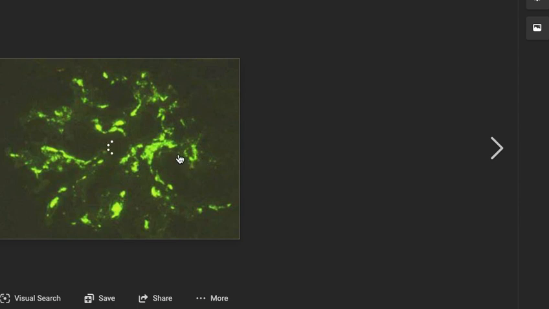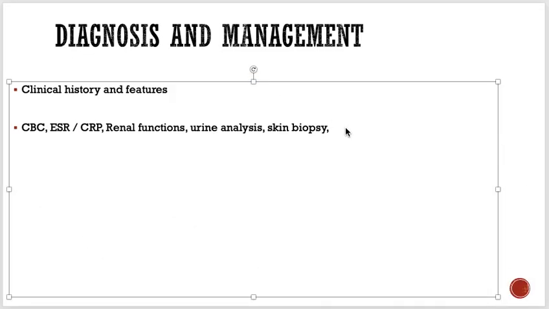Other than that, depending on how the patient is going, for example, if the person has intussusception, you will go for ultrasonography, or you can find out simply how the patient is progressing. So the diagnosis is done by this.